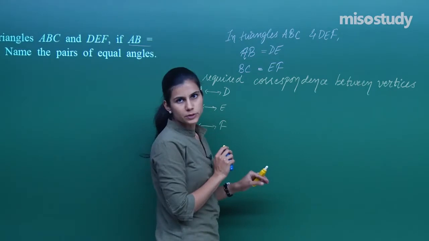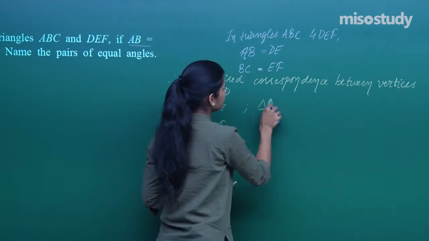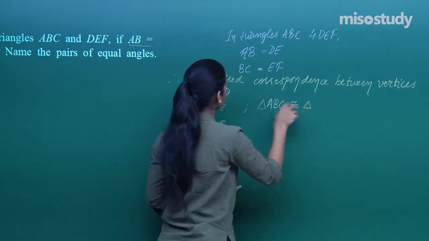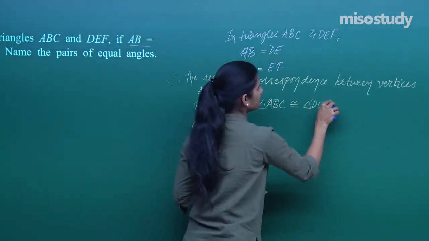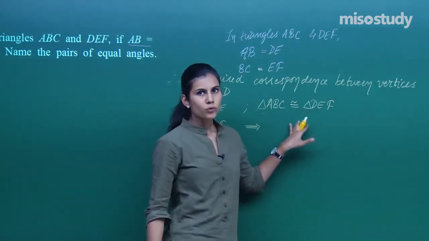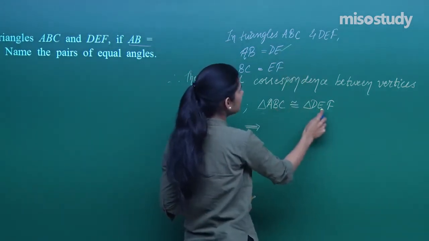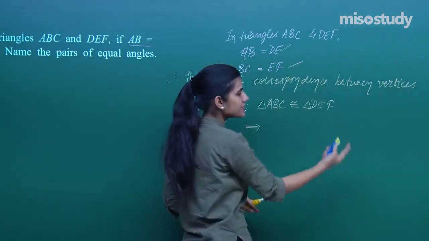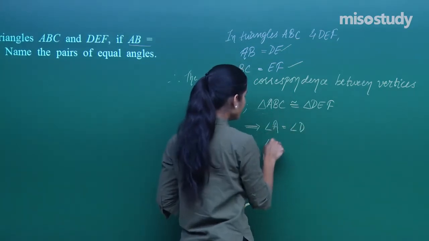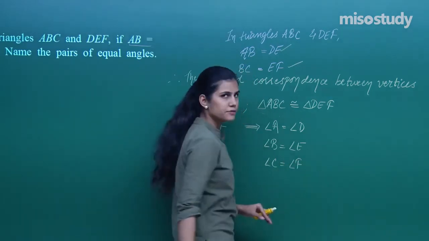This is the required correspondence between the vertices of the two triangles such that triangle ABC is congruent to triangle DEF, which implies corresponding parts of congruent triangles are equal. So AB will be same as DE, which is given to you, BC will be same as EF, AC will be same as DF, angle A will be equal to angle D, angle B will be equal to angle E, angle C will be equal to angle F.